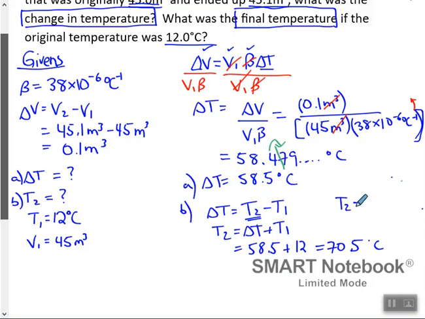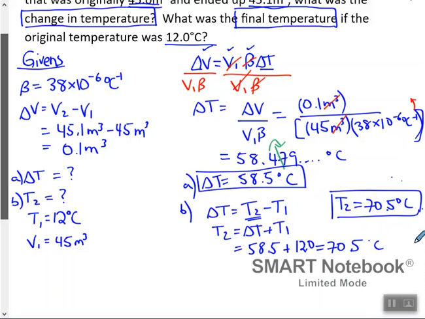So T2 equals 70.5 degrees Celsius. Since this is adding and subtracting, it's just to the lowest decimal place, so one decimal, 70.5. So our two answers: 58.5 degrees Celsius and 70.5 degrees Celsius.